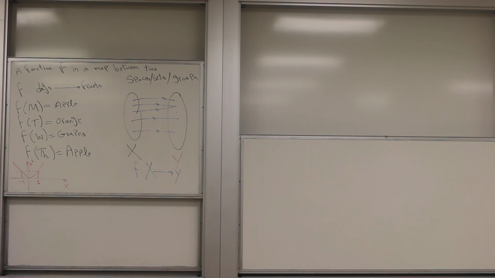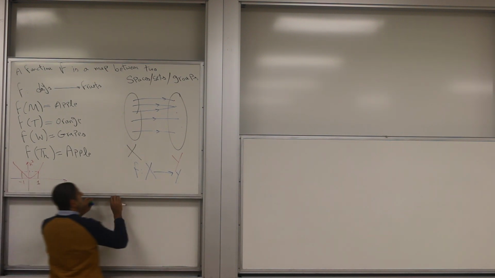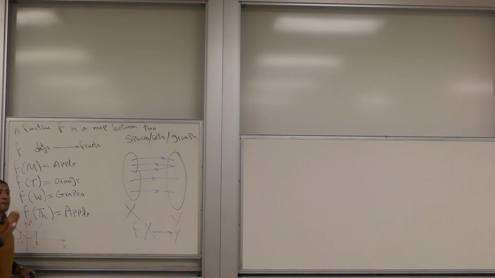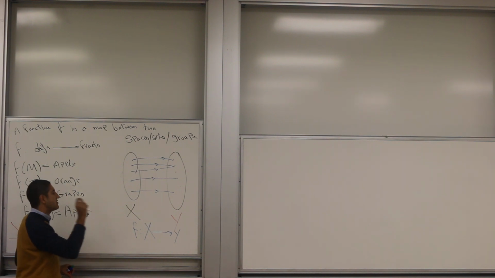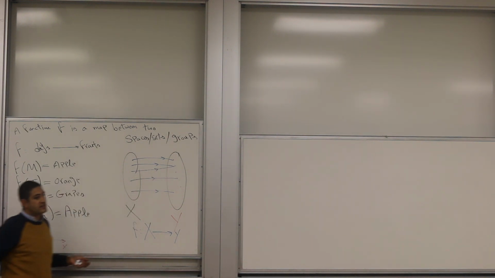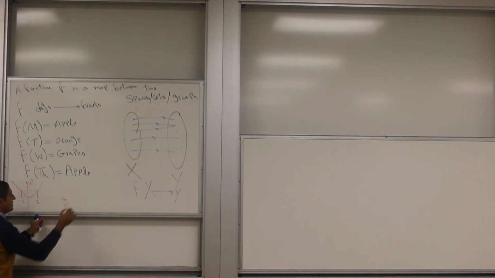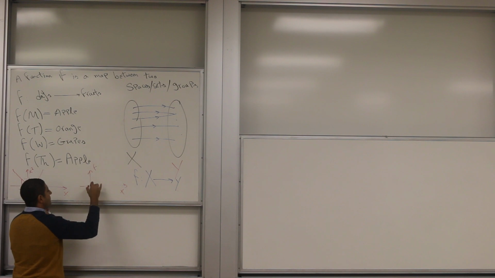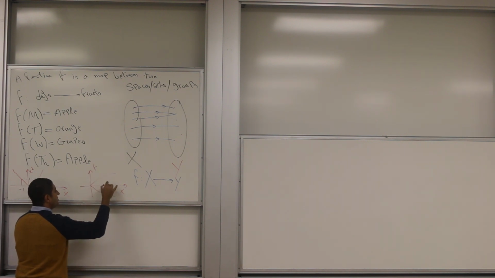This is a function. It can take 2 x's from here and give you the same value for 2 x's. That's fine. But it cannot be the other way around, such that it takes 1 x and there are 2 possibilities. This is not a well-defined function. So if I do it the other way around, this particular x has 2 possibilities.